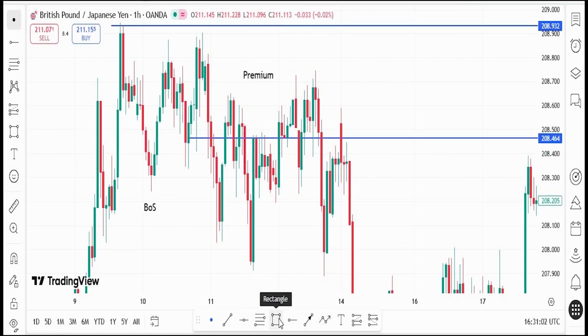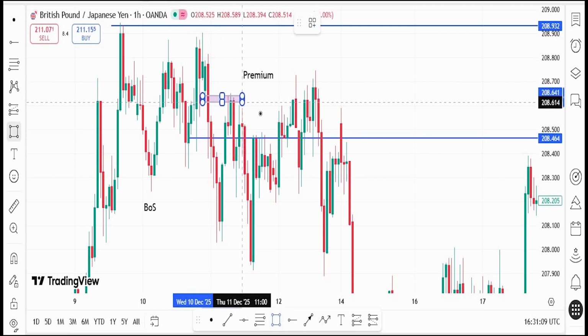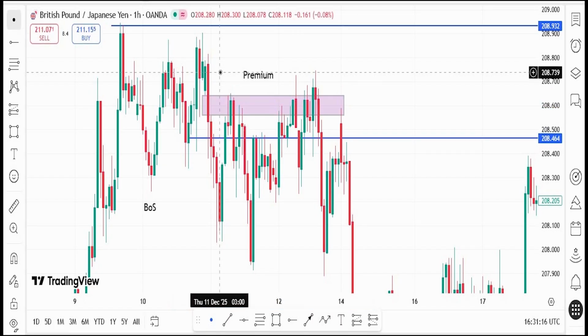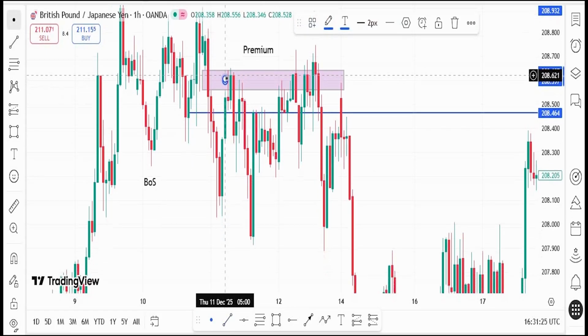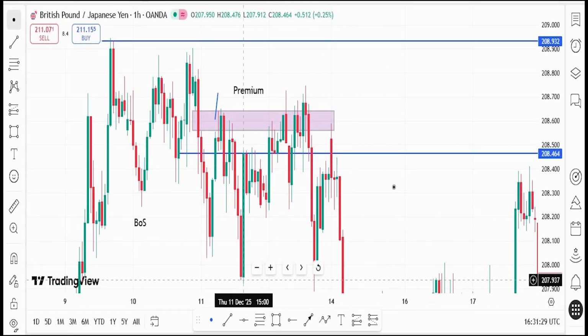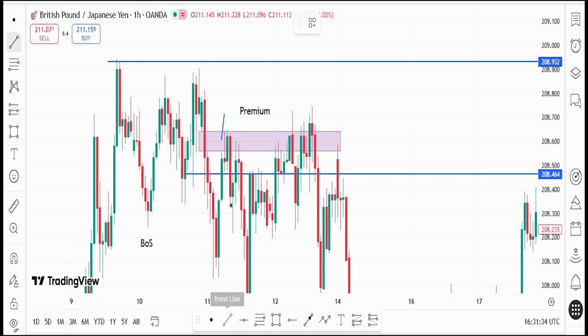Now the market has fulfilled the first two points of the criteria. It is the third one, which is a fair value gap. We will extend it to the right. The market has closed the candles just inside the fair value gaps, which we could see. Watch it. And at that point, we also had an order block.